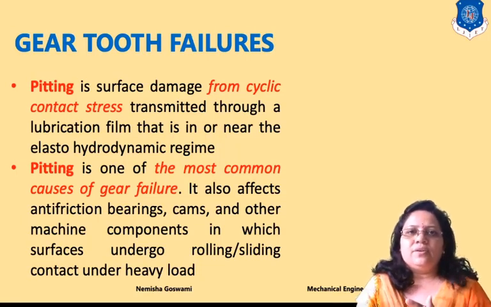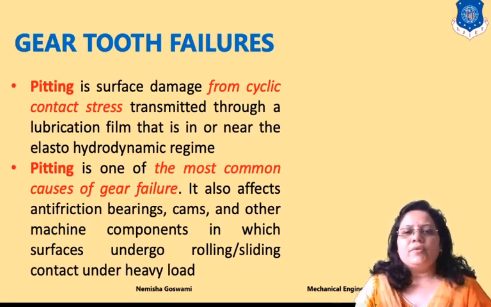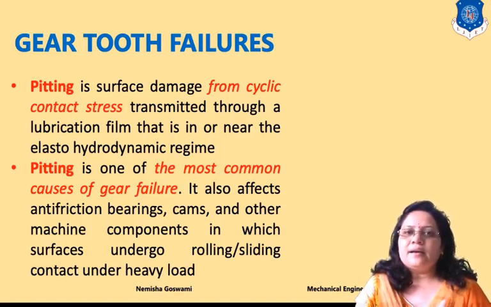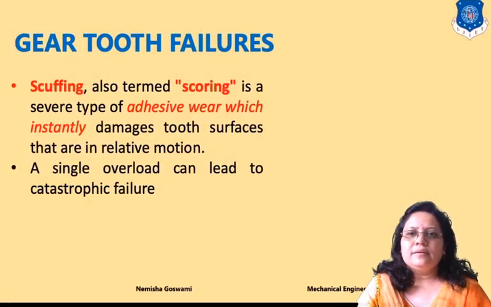Stresses are transferred from the lubricant to the surroundings of the gear. This also affects anti-friction bearings, cams and other machines. We use the cam and follower mechanism in gear systems, and these may also fail due to this reason.